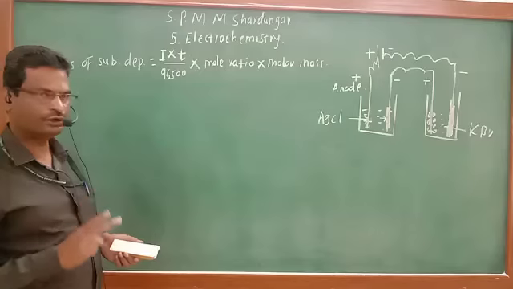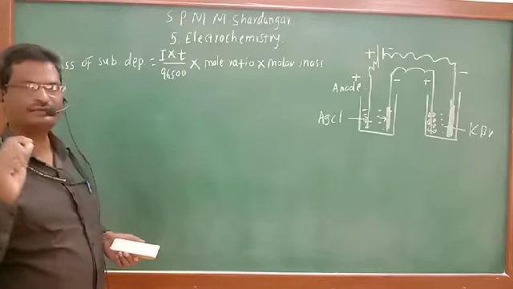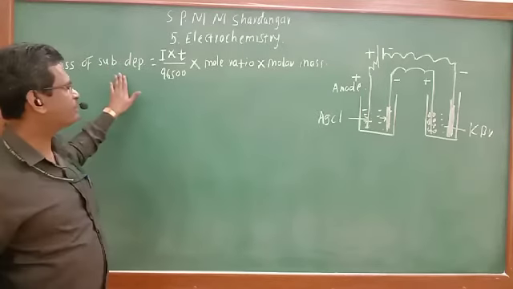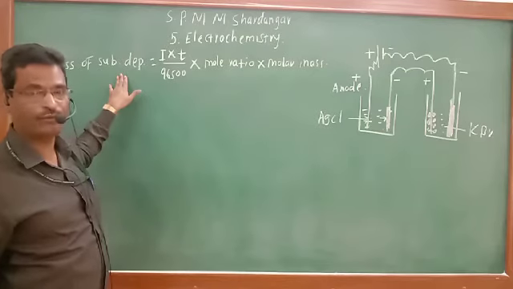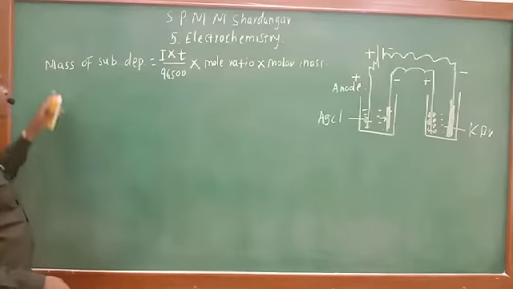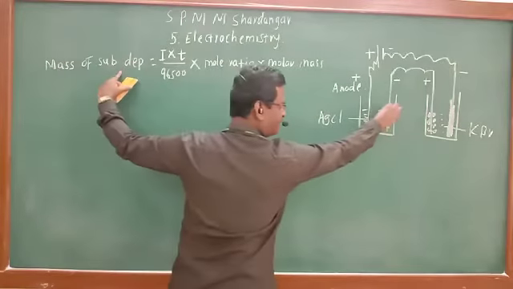Whenever two solutions are connected in series and the same quantity of electricity is passed through them, this equation will be a little bit modified. We can modify this equation to a little extent. Mass of substance deposited. So, what is deposited here?